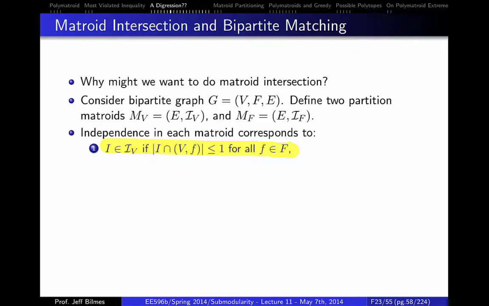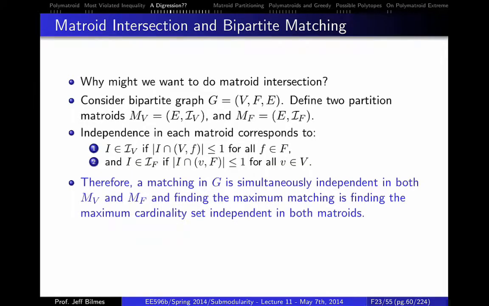So being independent on the first matroid says that you're sort of cool on the left side, and being independent on the second matroid means you're sort of cool on the right side. And so if you're independent in both, what must that mean? That you're a matching. Right? So the intersection of two matroids gives us bipartite matching.